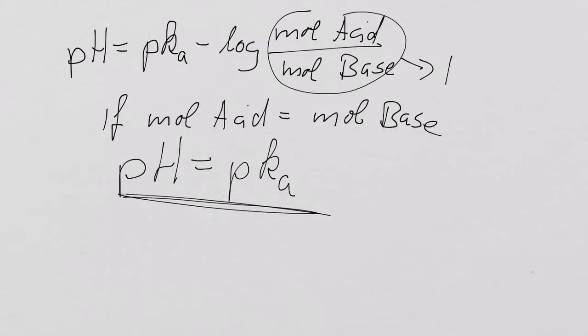That means if we take the same amount of moles of acid and the same amount of moles of base, throw them in a pot, add water, mix, we get a pH which we actually can predict, because we know that the pH is the same as the pKa.